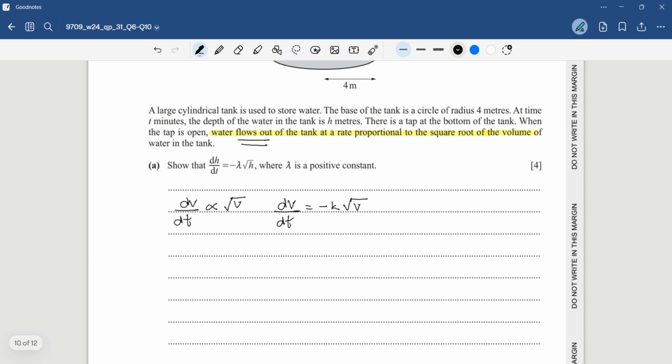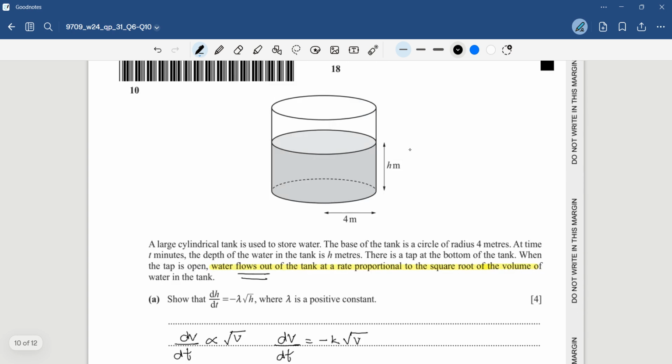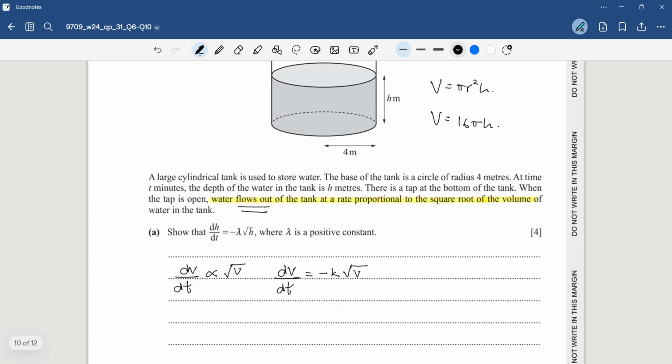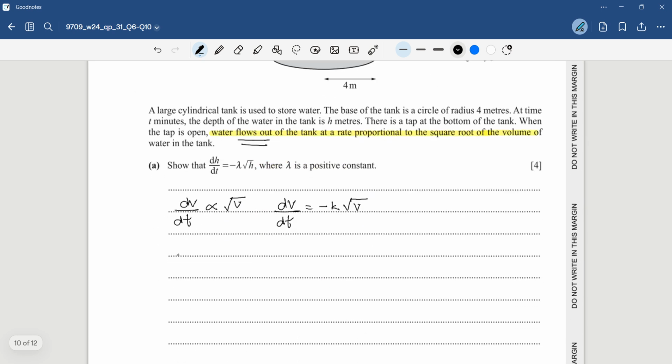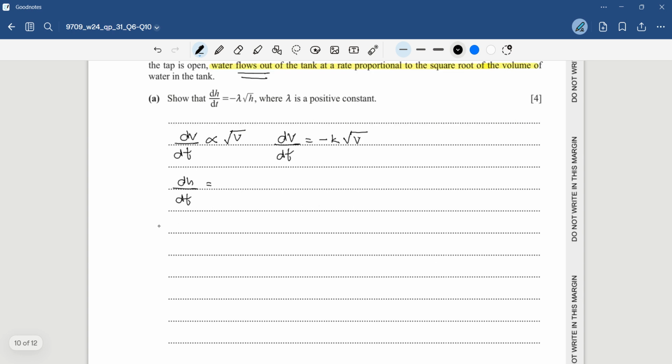Okay, so first we find out the volume. The volume for a cylinder will be πr²h. We must know this, where r here is 4, so V equal to 16πh. So we come back to dh over dt. Normally what I do here is, since on top I got dh, I just put dh over dt.